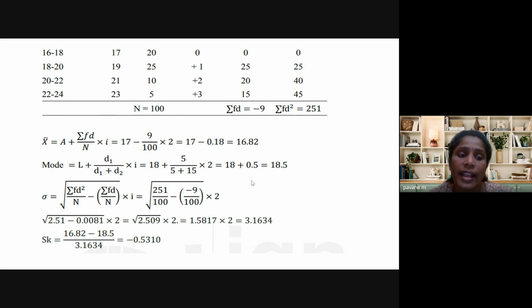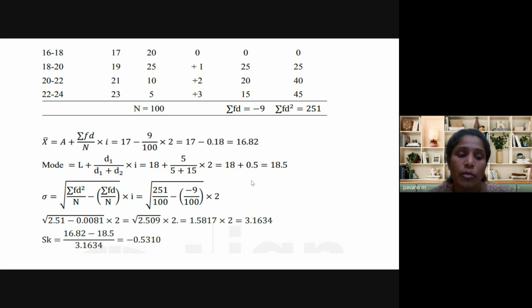Now calculate x bar, that means mean, is equal to a plus sigma fd by n into I. Here a means the auxiliary point which was derived at the start of the problem, 17. 17 plus sigma fd, which is derived from the table, minus 9, by n, 100, into I, the class interval 2. So 17 minus 9 by 100 into 2 gives you 16.82. So that is the mean value for this problem.